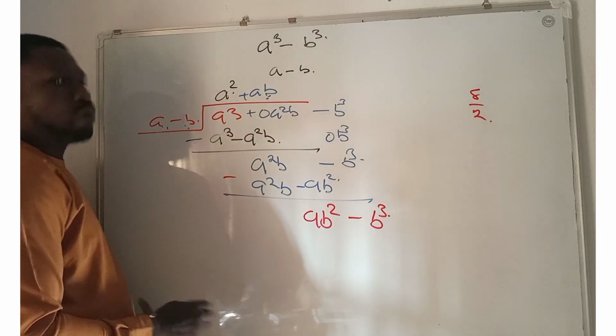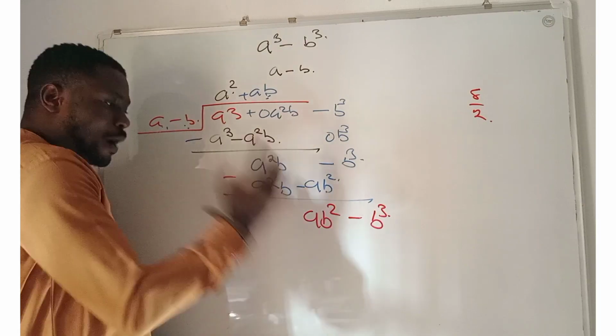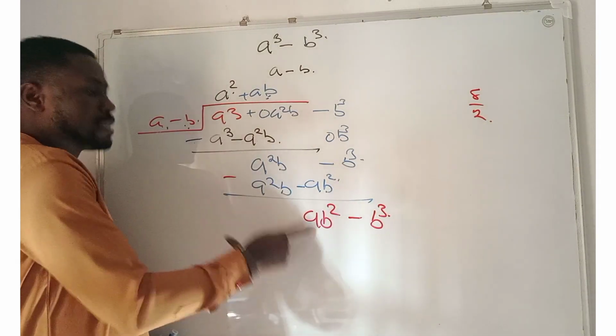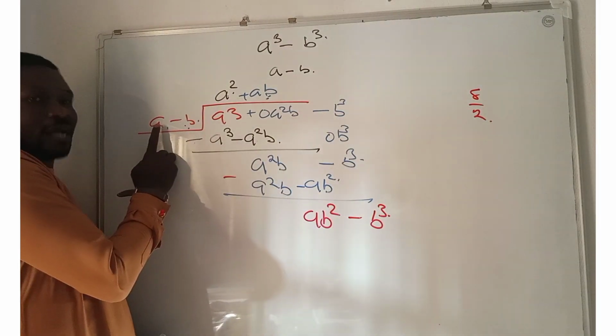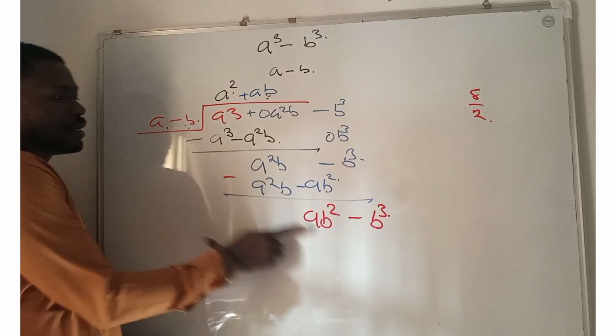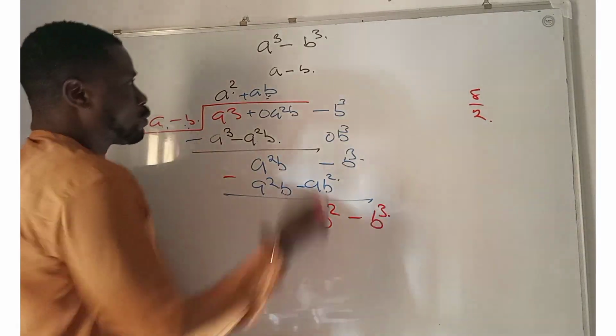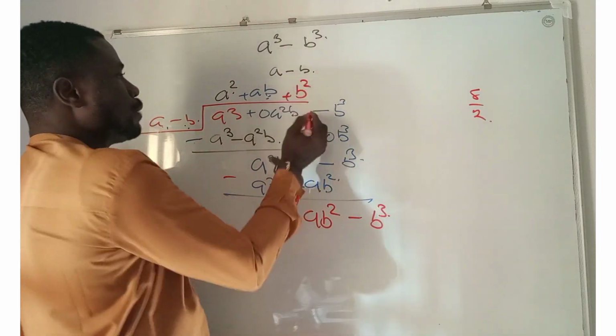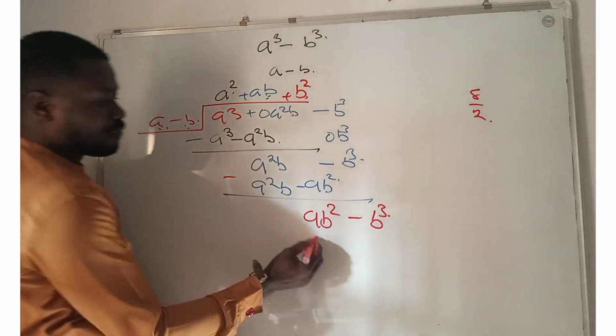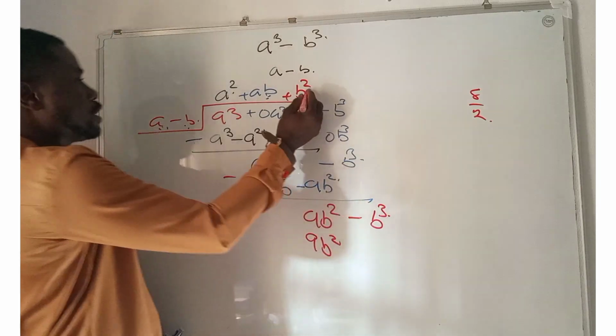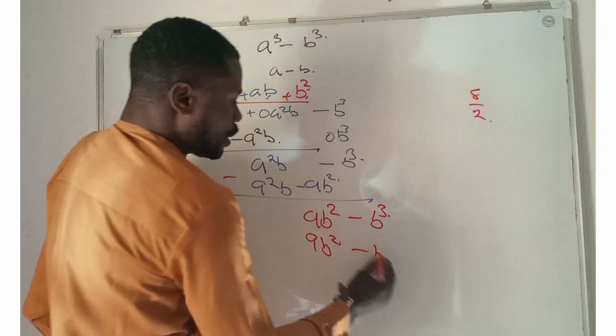Again, because the power of a here is 1 and the power here is 1, we continue to divide. You only stop dividing when the power of a is less than the power of a in the divisor. Therefore, we say ab squared divided by a, that will give us plus b squared. We now say b squared times this will give us ab squared. B squared times this will give us minus b cubed.